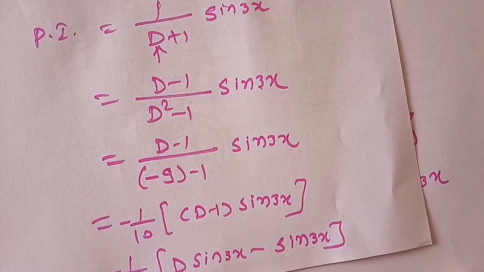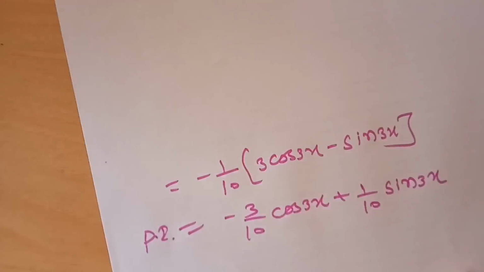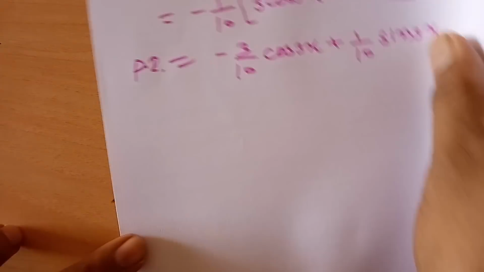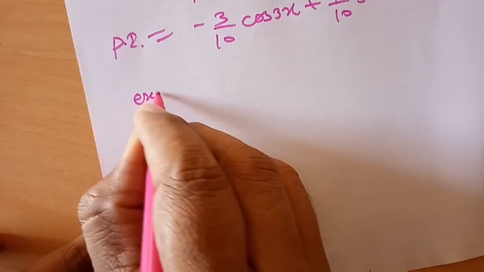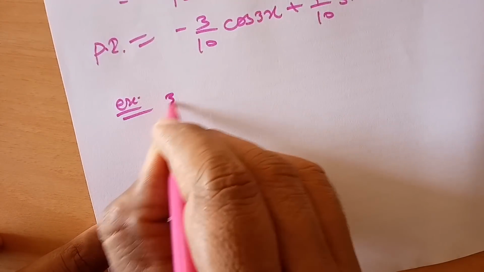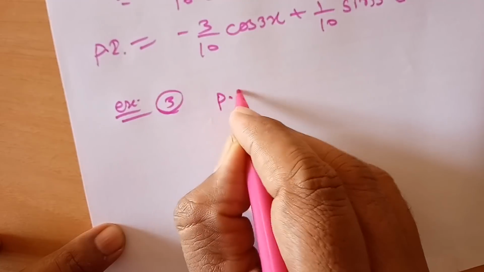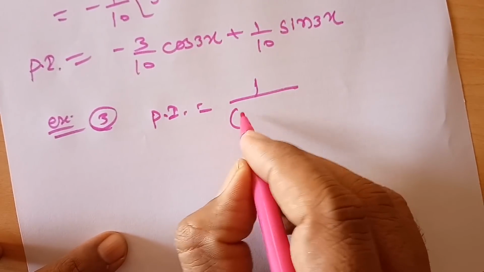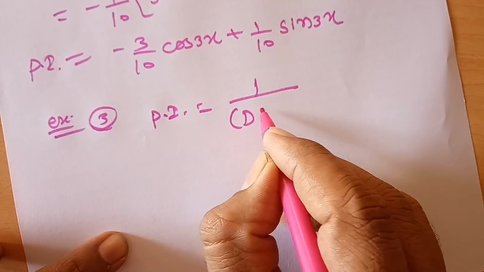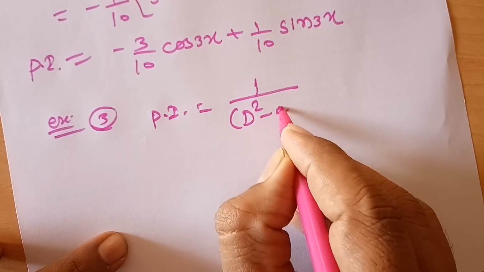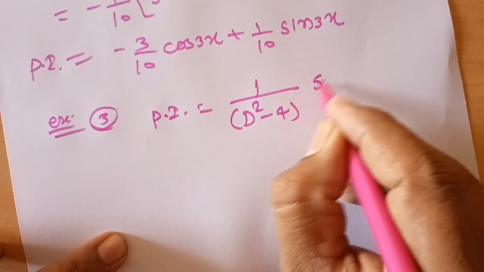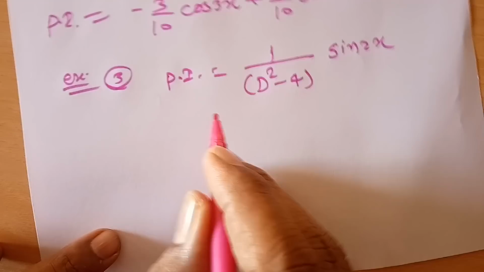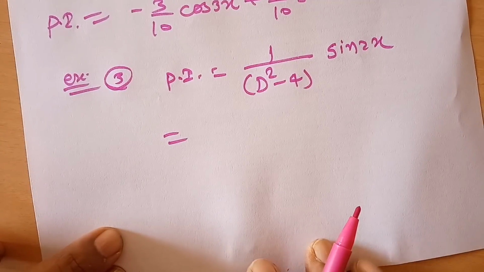Okay. Again here I will take this simple example. Suppose we have to find out PI for 1 upon D square minus 4 sine of 2x. Again here what will happen?